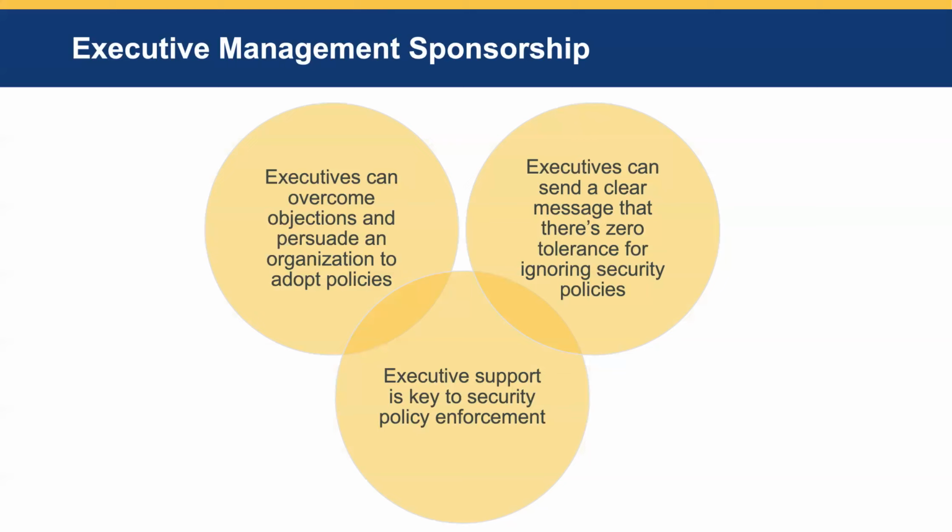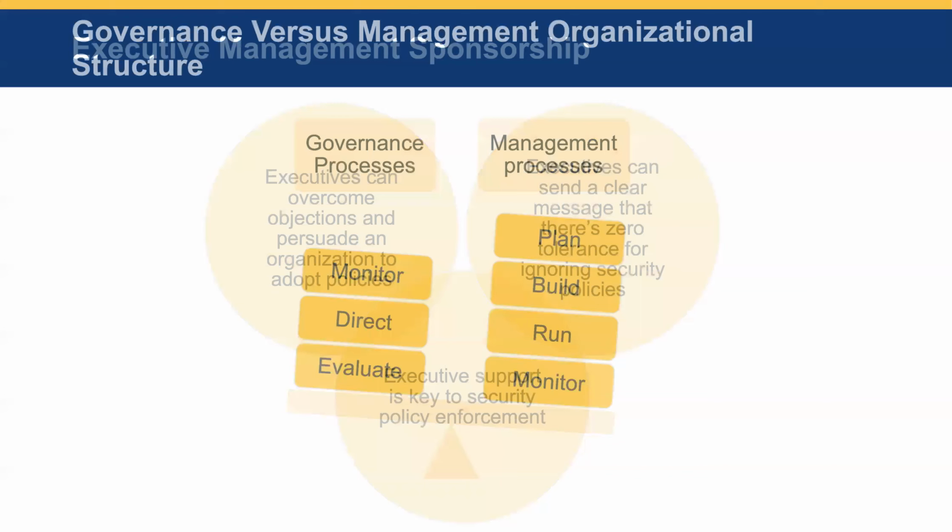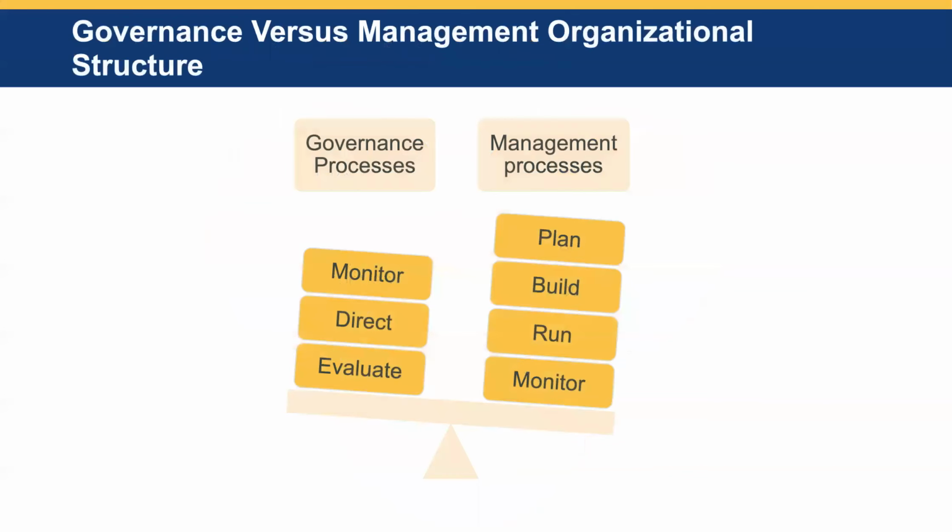So with this in mind, executive support is going to be key to ensuring that security policy is enforced and persistent throughout the organization. And so it's also very important to understand the differentiating factors between governance versus management with regards to the organizational structure.